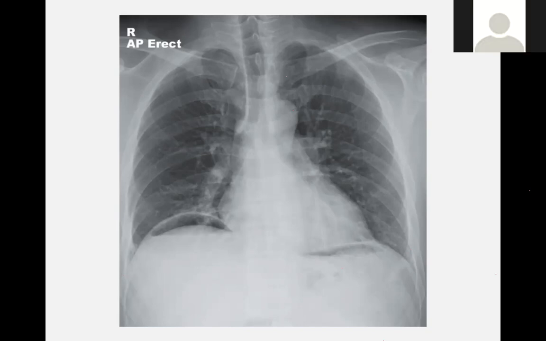For A, the trachea looks okay since he's rotated to the right. Or actually it is a little bit deviated to the right. For B, the lung markings look fine to the edge of the lungs. There is air under the diaphragm for pneumoperitoneum.